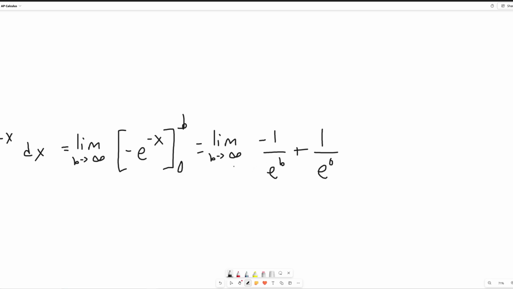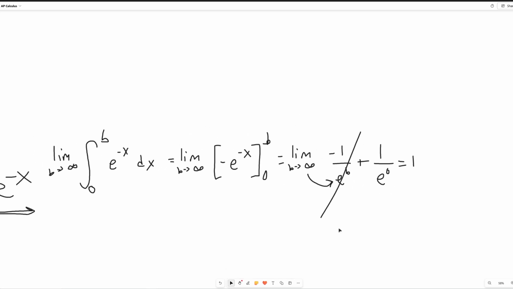This will actually equal 0, because 1 over anything that goes to infinity, 1 over infinity, is 0. So this term crosses out, and the area here is just 1 over e to the 0, or just 1.